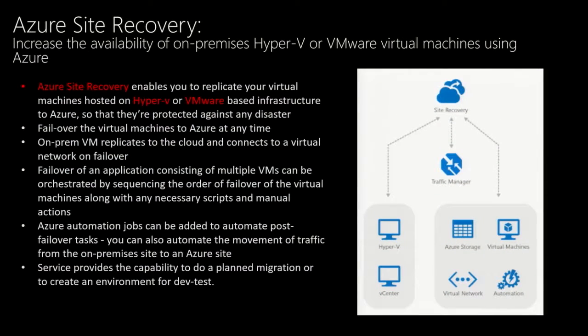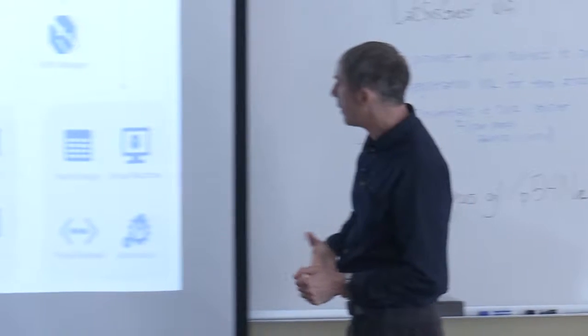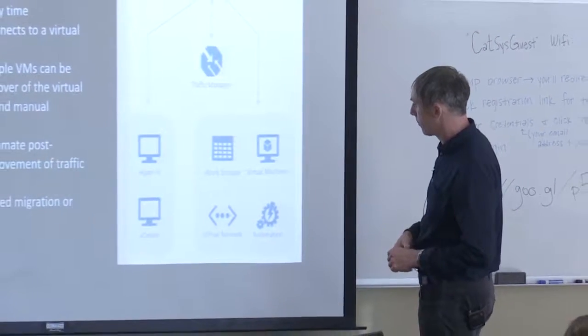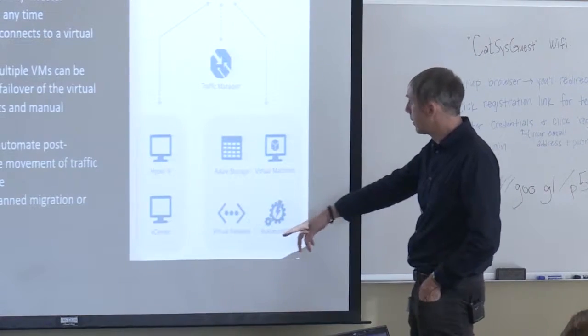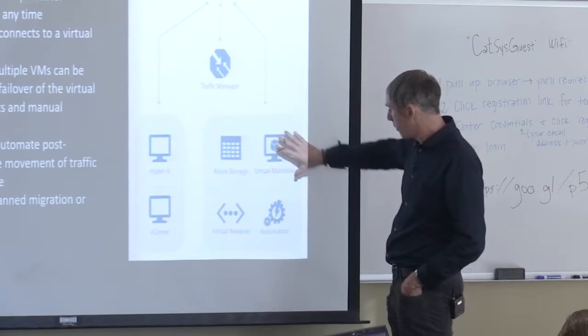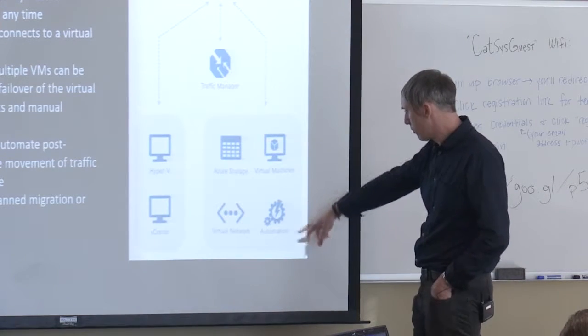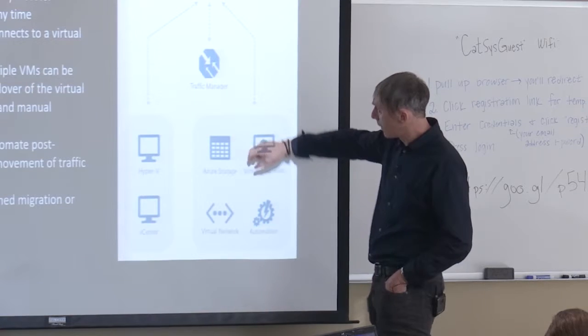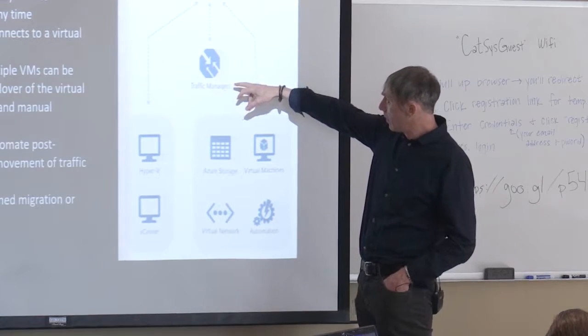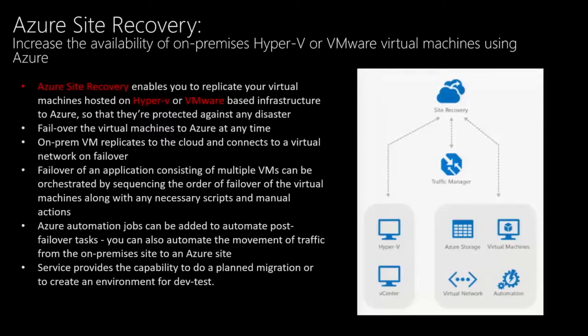But Site Recovery, that's basically how the orchestration works, right? So Hyper-V or vCenter, you've got your Azure Storage, Azure Virtual Machines, automation, all running here. Traffic Manager, that's sort of where the magic happens, right? If you lose your on-premise site and you invoke this disaster recovery site, how do your clients know about it?